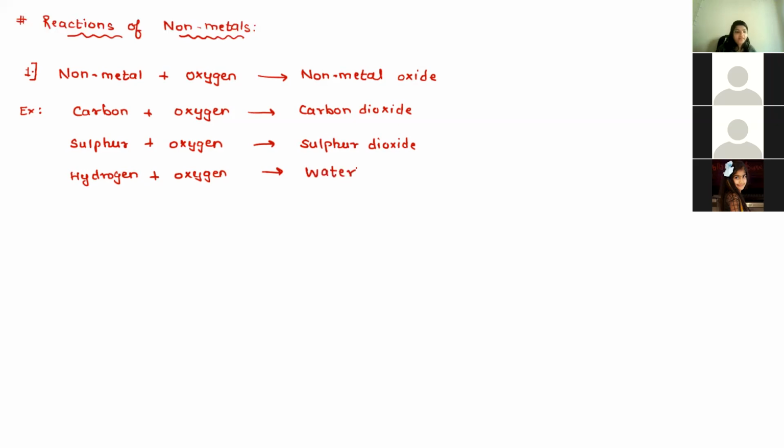Okay, not HO2, H2O. Okay, second one. Second reaction. If you have a non-metal oxide, whatever has been produced on the top, non-metal oxide plus water, you will get an acid.